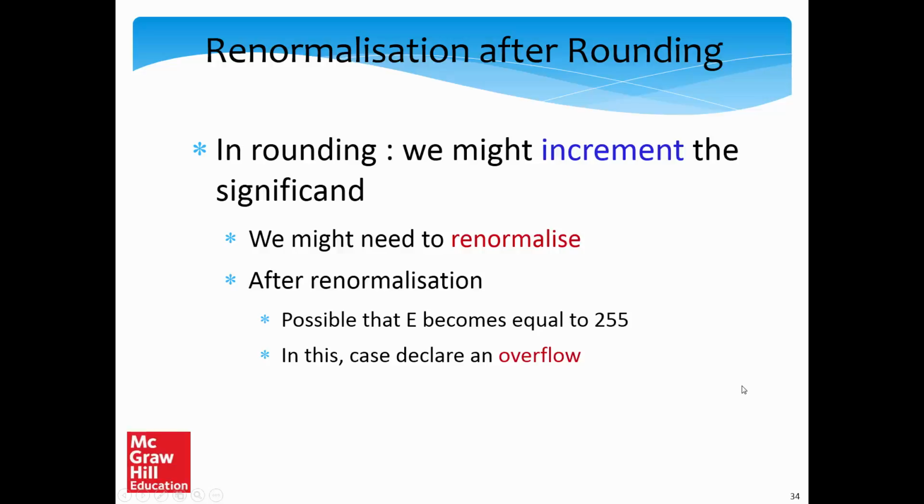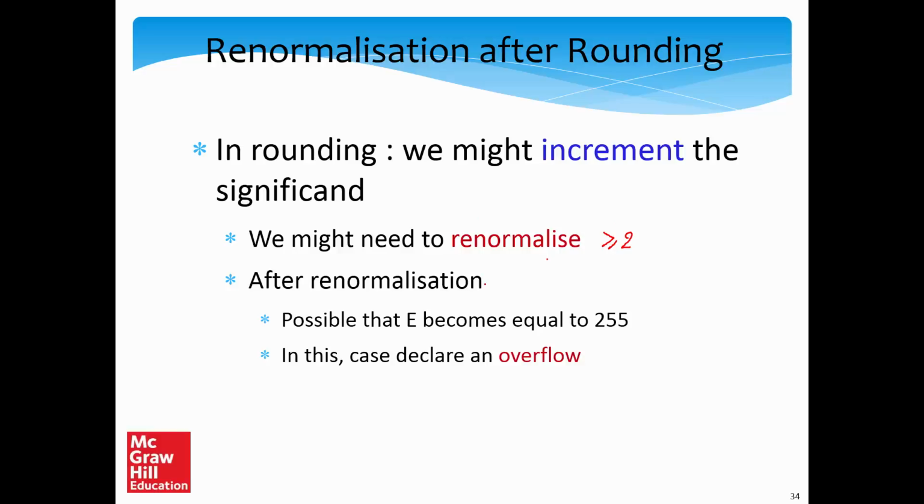Let's look at the process of rounding in a little bit more detail, one particular aspect that we have not talked about. When we increment the significand, there is a possibility that we might have to renormalize once again. The reason is that the significand might become greater than or equal to 2.